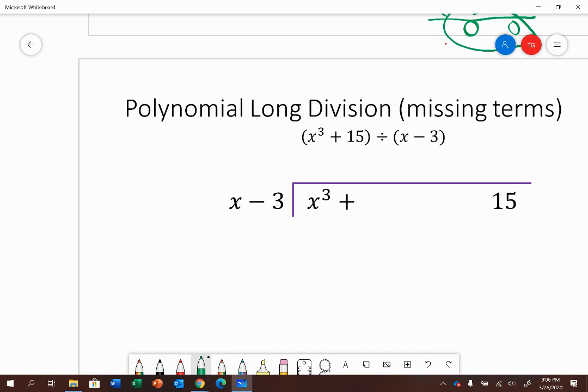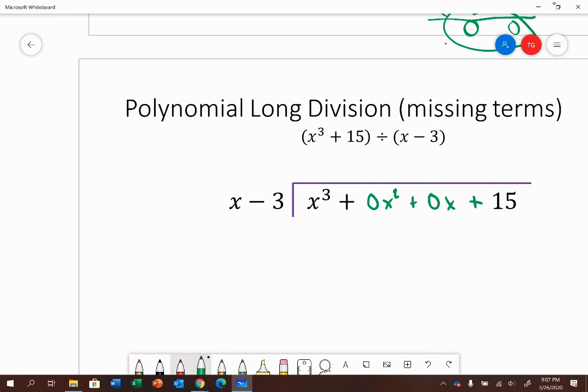So x cubed plus 15 is the exact same thing as x cubed plus 0x squared plus 0x plus 15, because 0x squared and 0x are both 0, so I basically did nothing to that dividend. The reason this is important is because it serves as a placeholder procedurally for when we do long division.